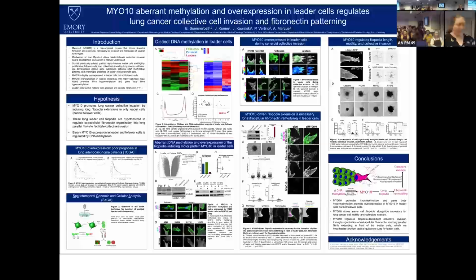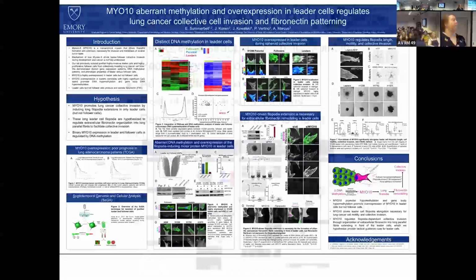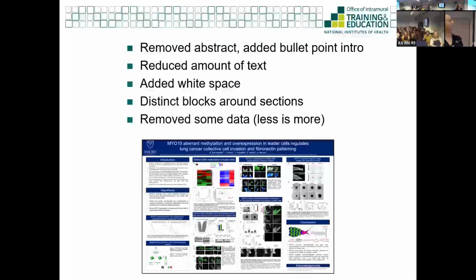Anything else you noticed? Concise writing. I think this was the biggest thing for me: I just had too much information. So I went in and took out a lot of my introduction, a lot of those bits of text, and really simplified it down to what you actually need for the poster. So here's what I did. I got rid of the whole block of text that was the abstract and made it just a bullet point of the intro, reduced the amount of text, and added more white space in between everything.